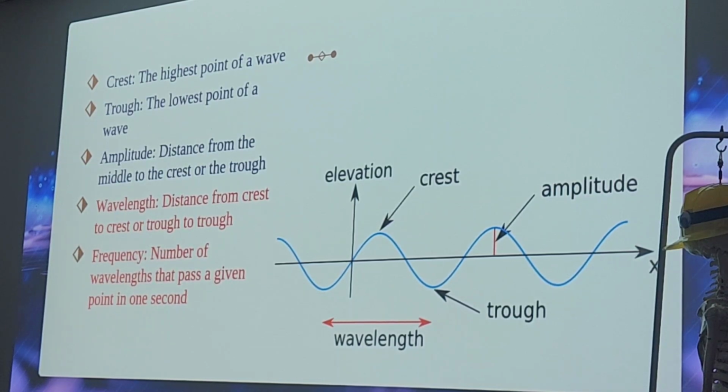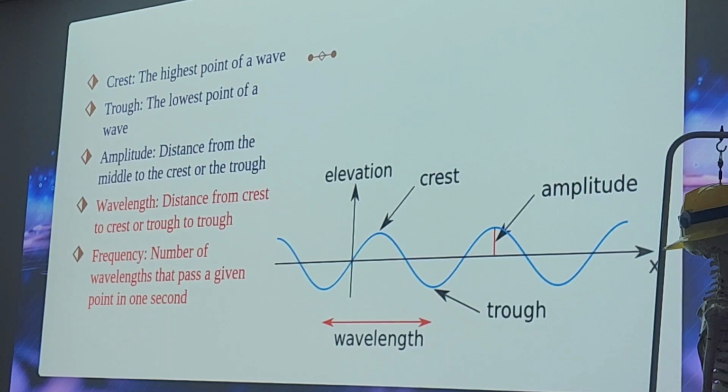So are the crests on top and the troughs on the bottom? Yes. So what is the frequency of this wave? 2. It has to be a full wavelength, so don't worry about the half.